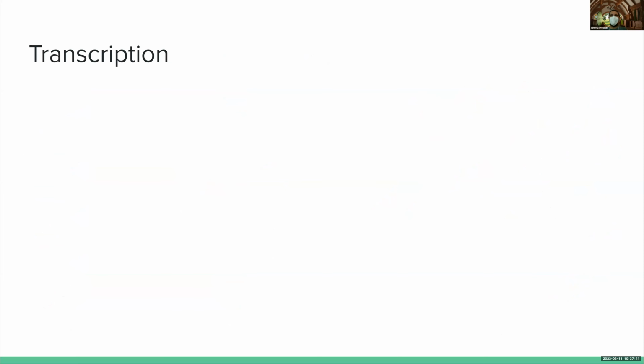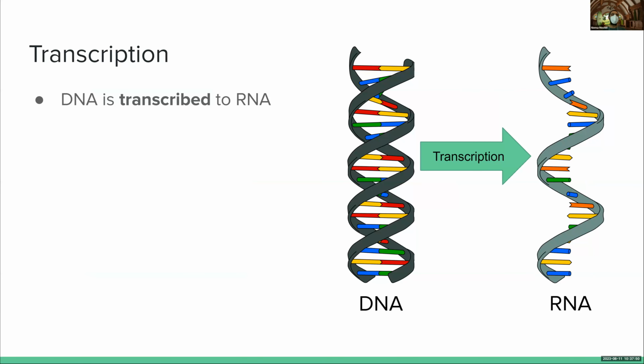So we'll pause there. Let's zoom in on each of these. Transcription is the first process that I talked about. DNA is transcribed to RNA. DNA is a double-stranded molecule. A pairs with T, C pairs with G, and RNA is a single-stranded molecule.